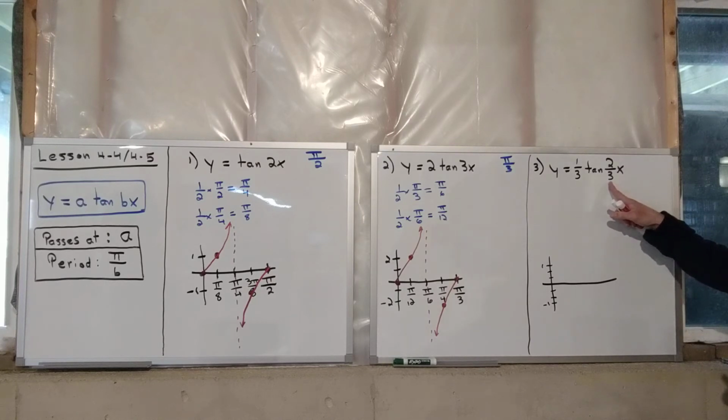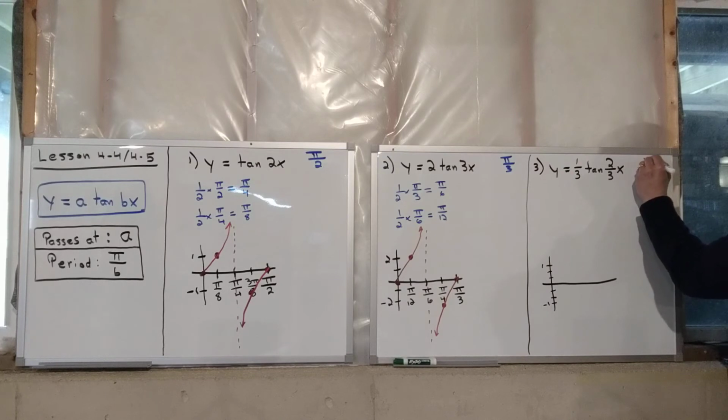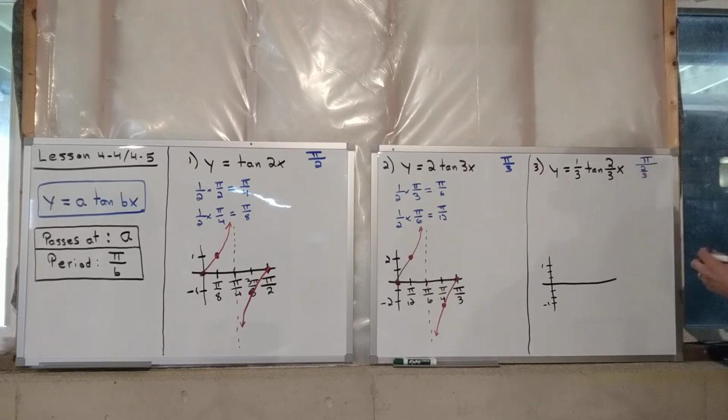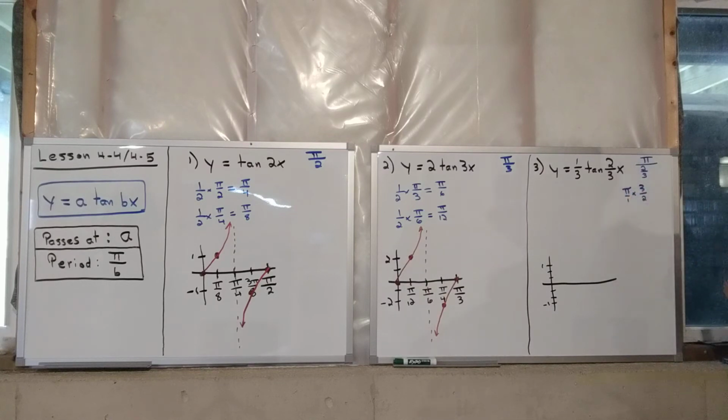B is 2/3. So I need to do pi divided by b. Pi divided by 2/3. We don't divide with fractions, we multiply by reciprocals. So this is pi times 3/2. Please remember that can be thought of as over 1 in terms of organization.